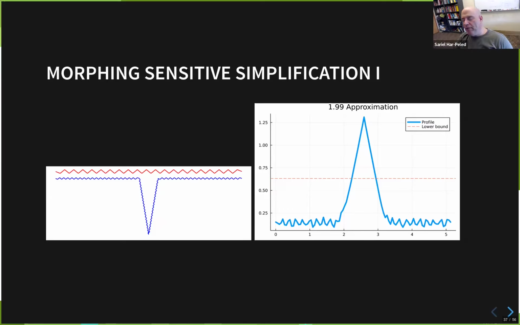The profile on the right, to remind you, is, at any point in time in the matching, what's the distance, what's the length of the leash. And we care about the maximum, right? And since it's an approximation, not only do we get the maximum, we also get the lower bound, which is that we know that the exact distance must be above this lower bound. And now the idea is to look at this profile and observe that all the vertices were doing this morphing.